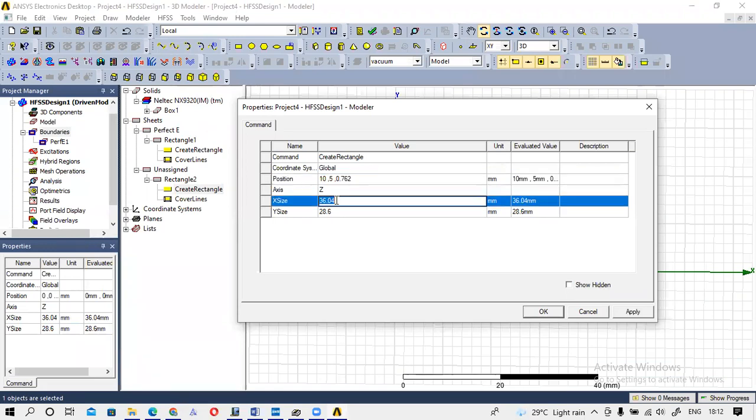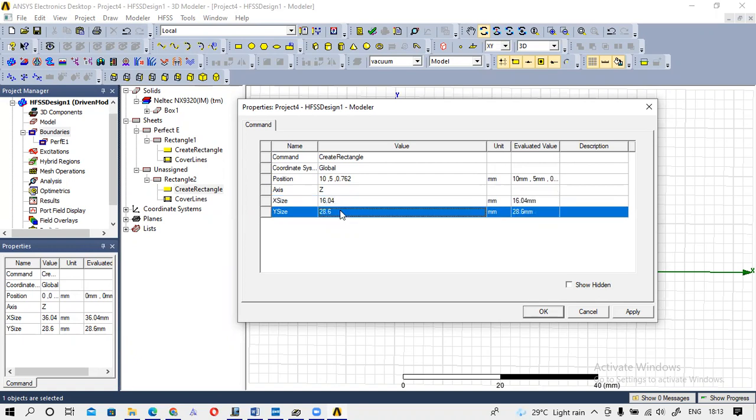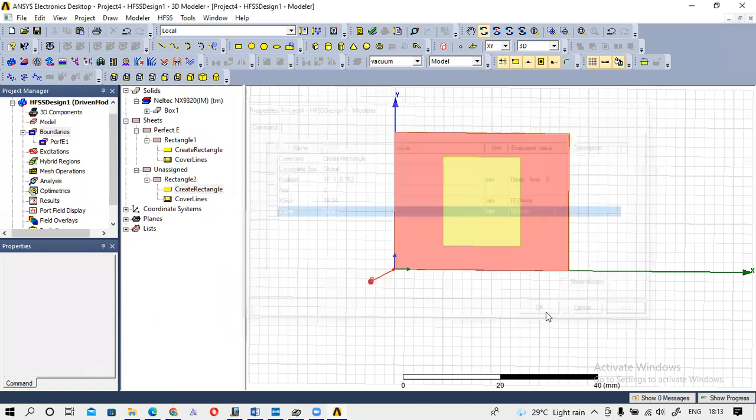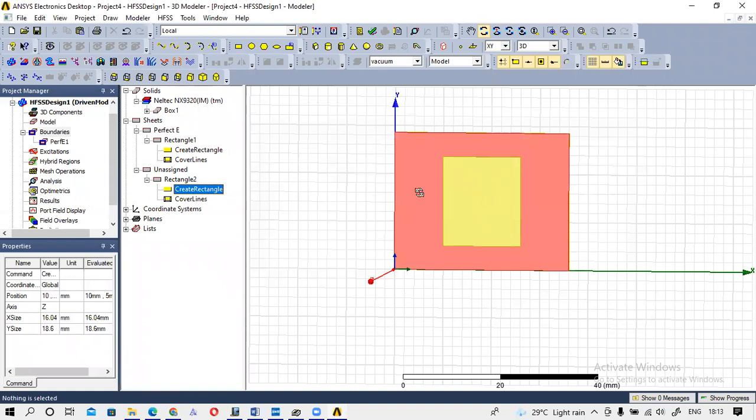So this is 16.04, and this is 18.6. Now when we apply it, you can see that it is shifted to here.